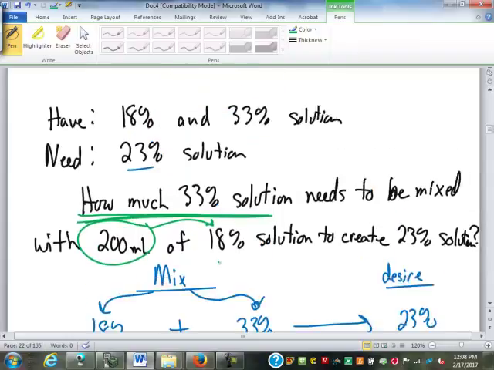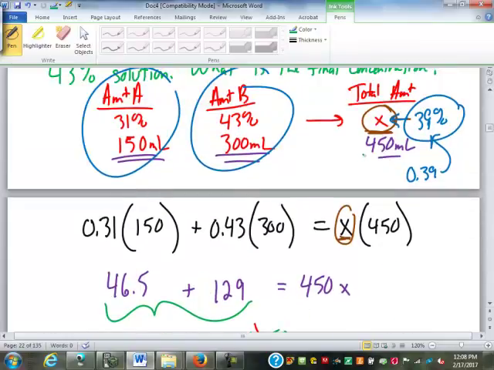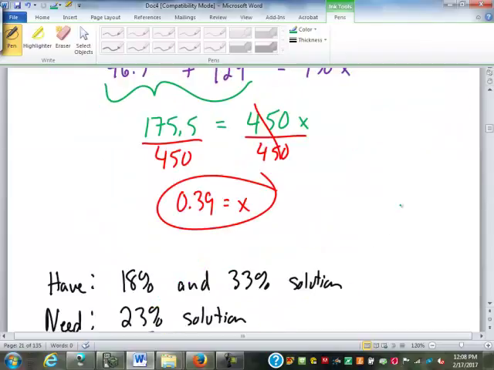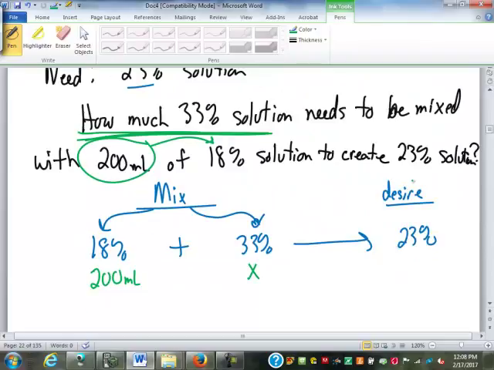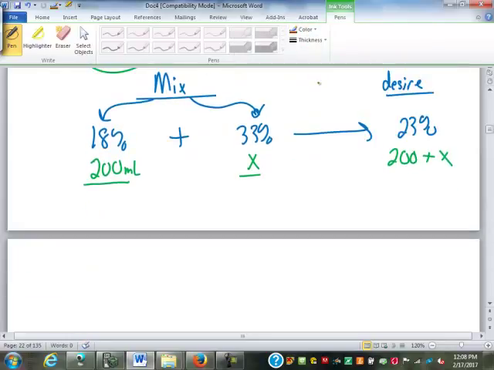Now remember up here, in this example, when we found the amount of the total solution, we just added the amount of solution A plus the amount of solution B, which gave us the total in our desired solution. So the same is going to happen down here. The total volume of our desired solution is going to be 200 plus x. So now we can create our equation.